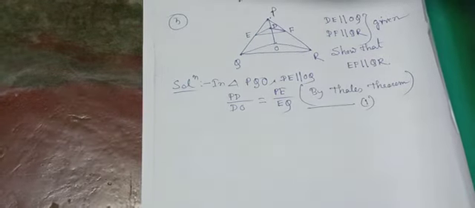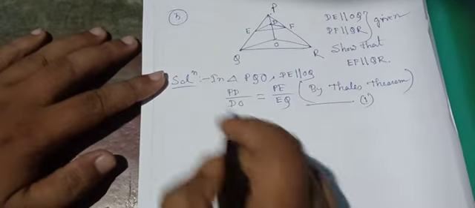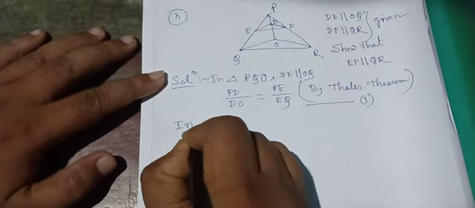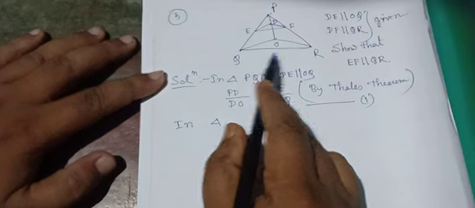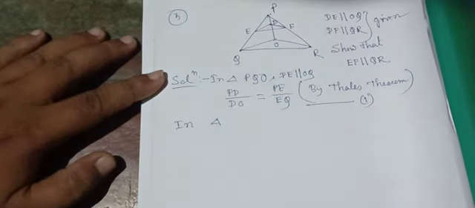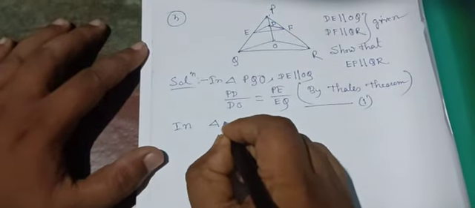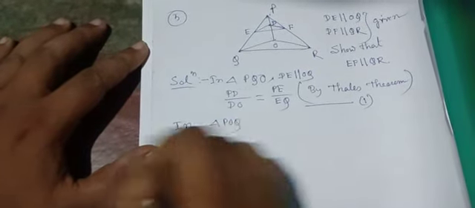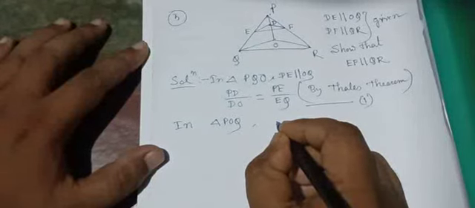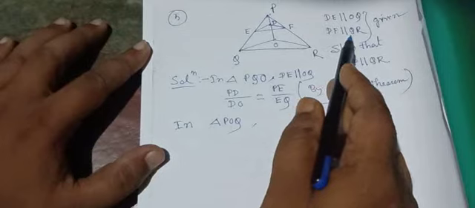Now, next, considering the triangle POR, DF is parallel to QR.